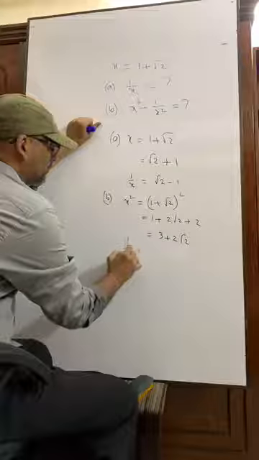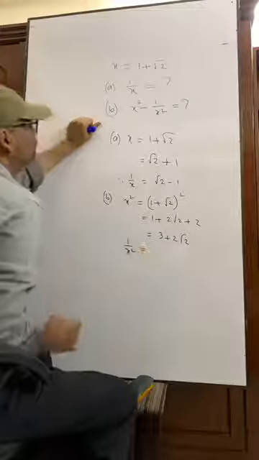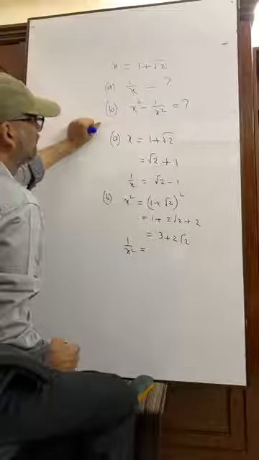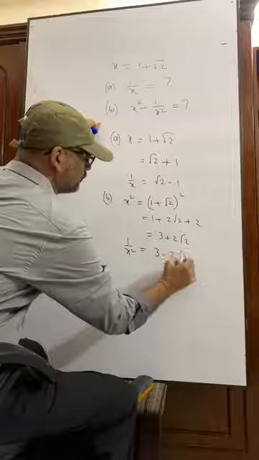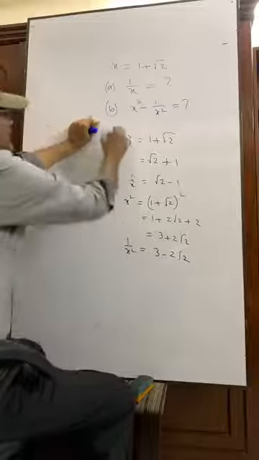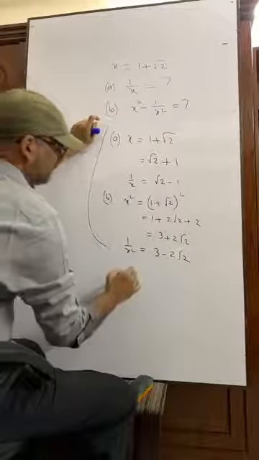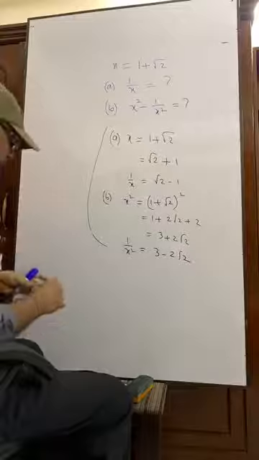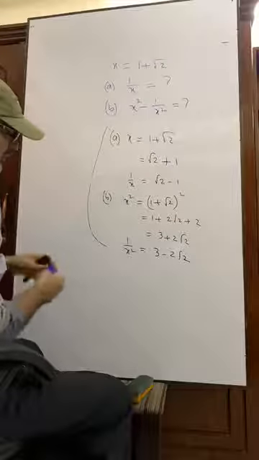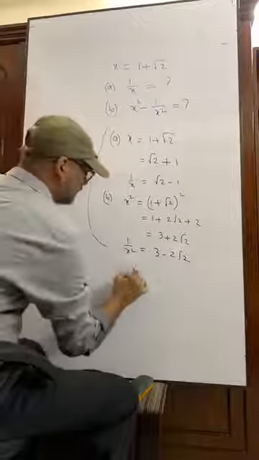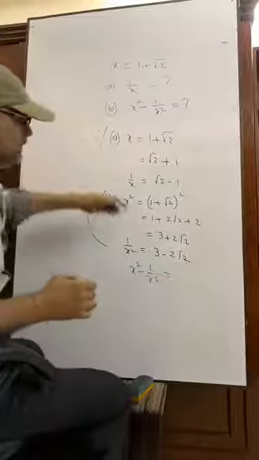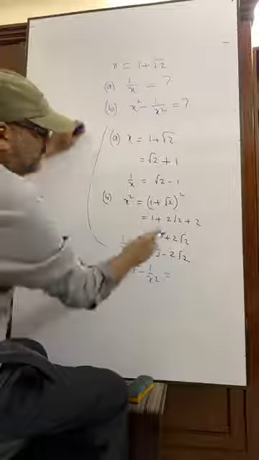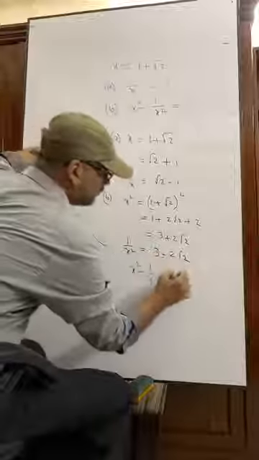So 1 by x square is equal to 3 minus 2 root 2. Now you can easily find it. x square minus 1 by x square is equal to this minus this. So 3 will be omitted to get 4 root 2.